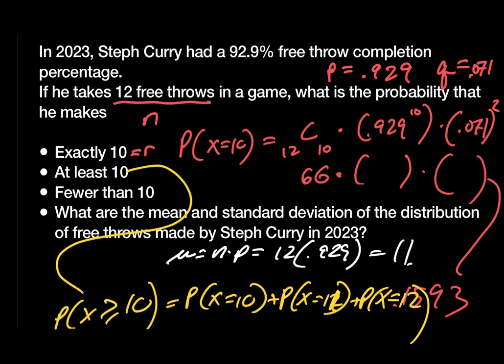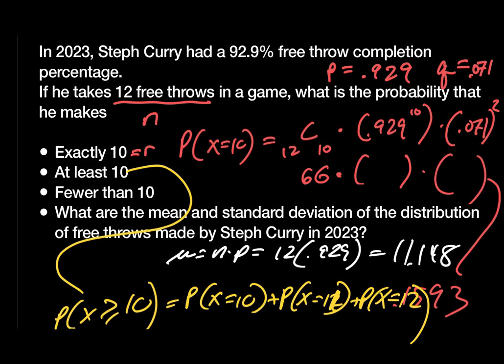So, interpreting this in context, if I were to take any set of 12 shots that Steph Curry attempted, I would expect, on average, over all of those different sets of 12 shots, that he would make 11 point whatever that number is. I don't do that kind of math in my head. 11 point what? 148. So on average, he would expect to make approximately 11.148 shots out of 12.